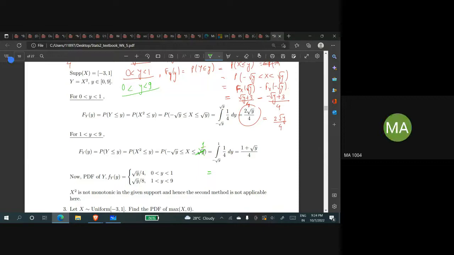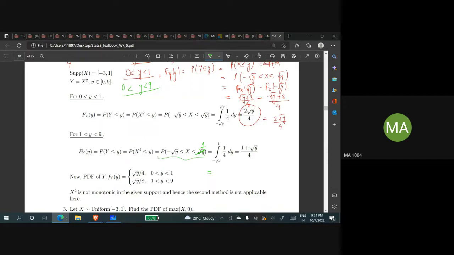So we got the probability x lying between minus root y to 1, because X cannot exceed 1. So root y should not exceed 1. Yes, that is the upper limit that you have for x.